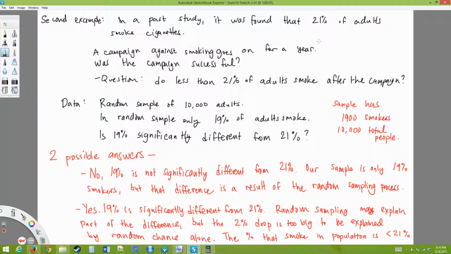When we see that it's 19%, we have to ask, well, could it be 19% just because of random sampling? Or does this actually mean that our population has changed? Okay, so that's what hypothesis testing tries to answer. We try to answer these questions by looking at data and seeing what they say about the population.